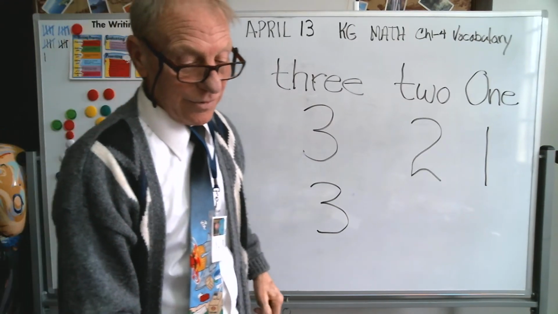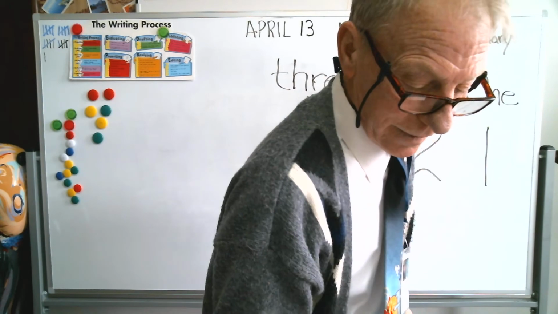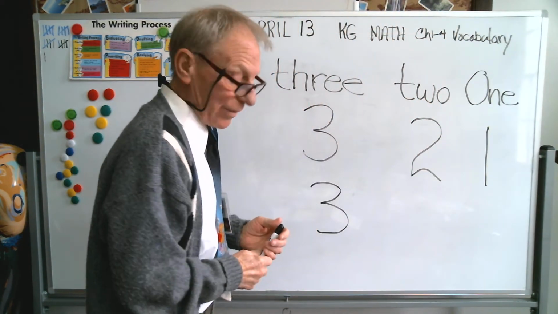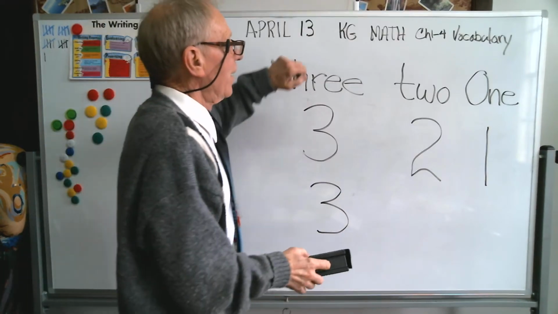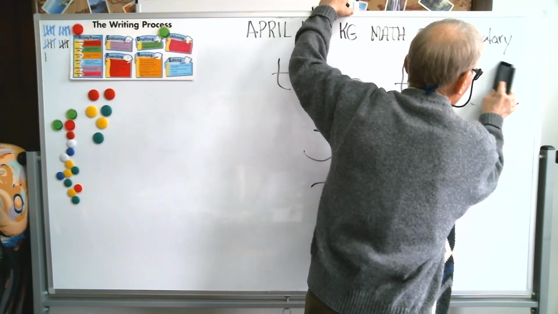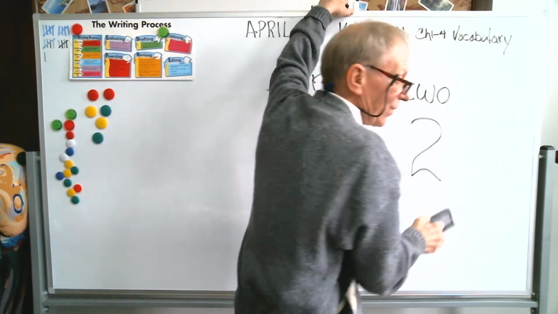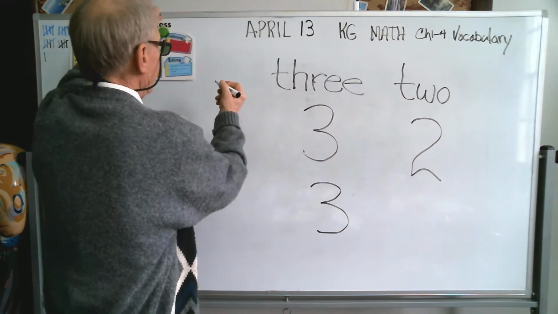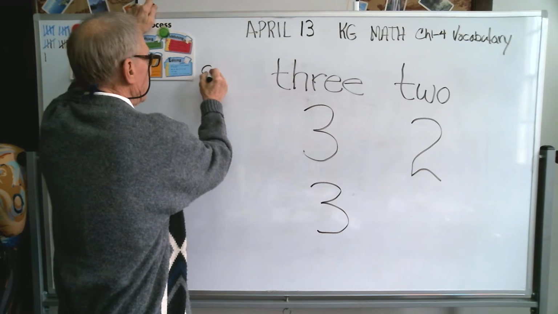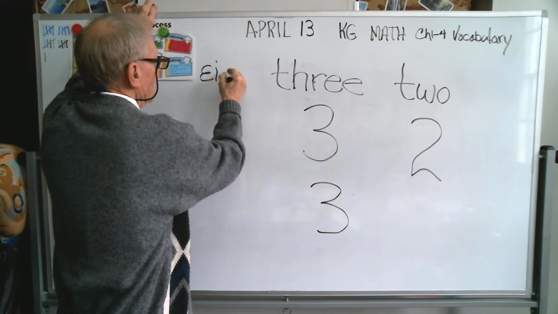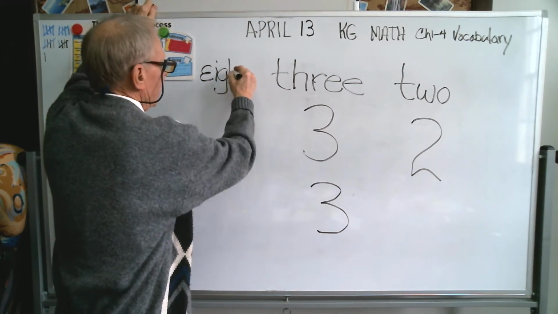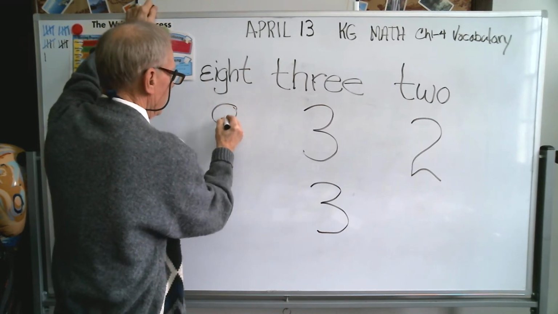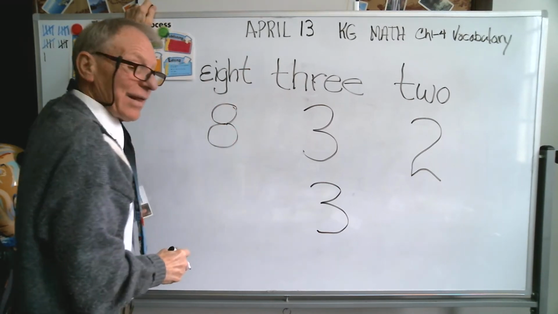Let's get rid of the 0 and go on to the next set of vocabulary words. It starts again with the review of the numbers, and the first number is 8. 8 is E-I-G-H-T, and 8 looks like that.